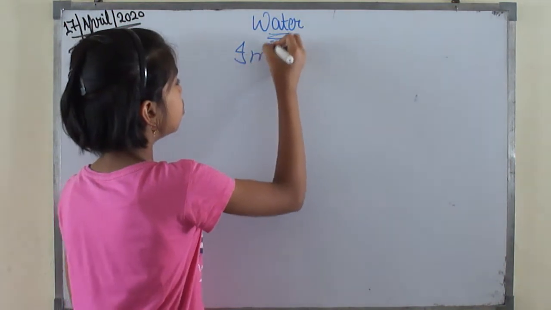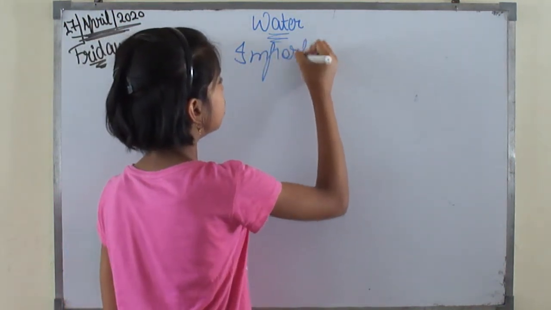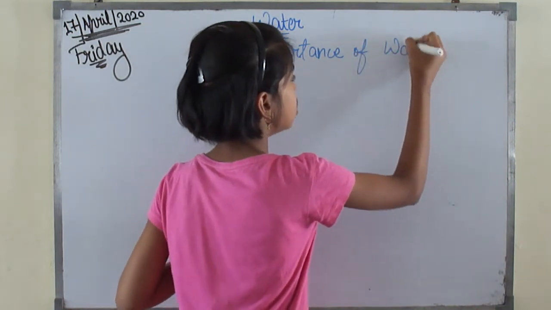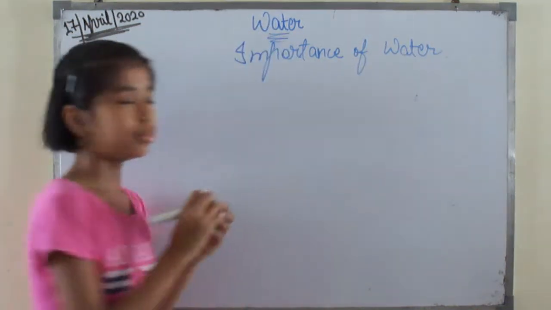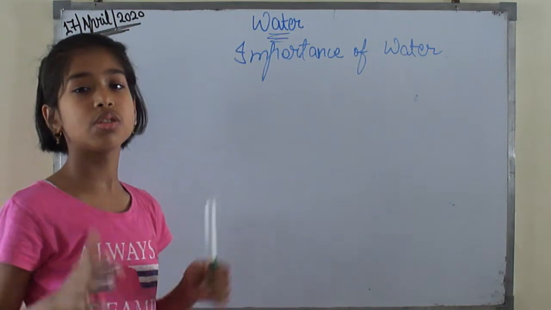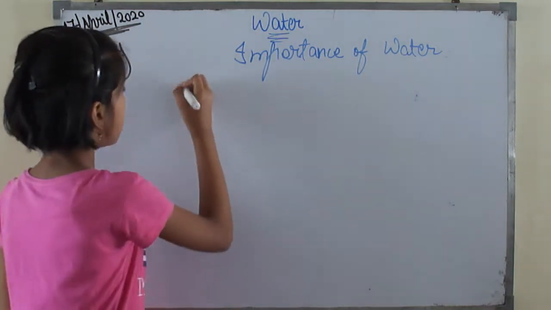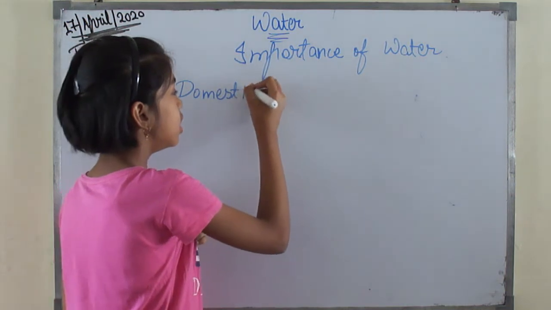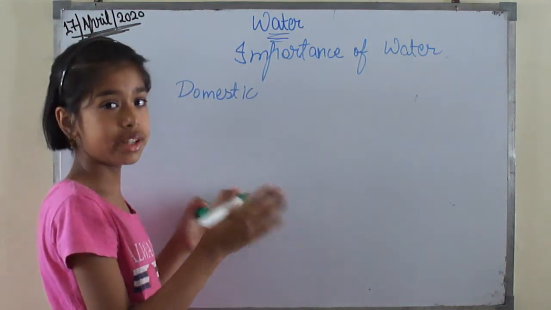The importance of water. So let's start with this. So you know that water is so important for us, and in its domestic use there are so many, and then the agriculture and the industrial.